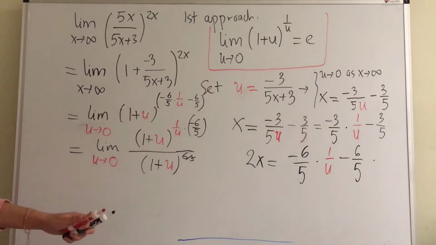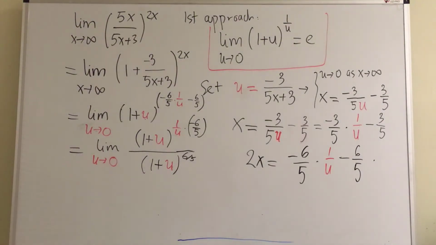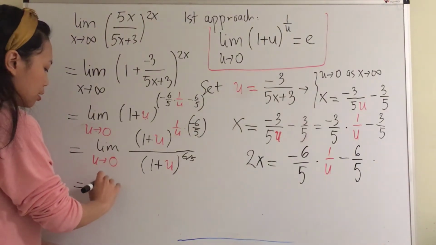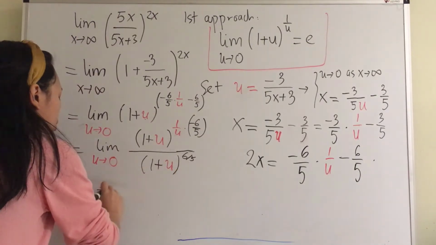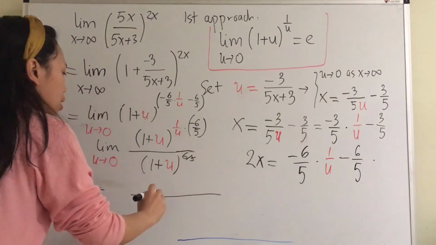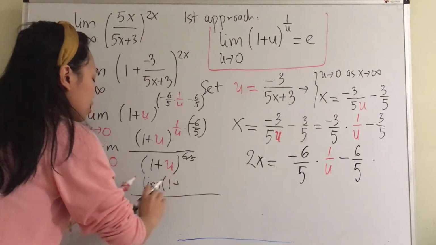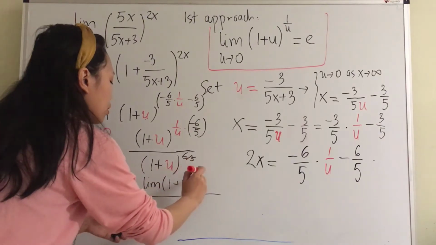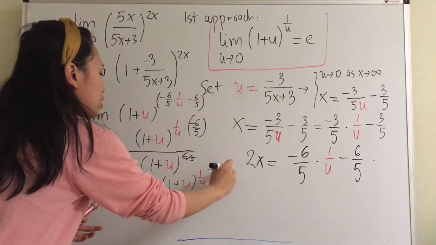We got so far. Now the next step. Can you see it? Let me check to make sure the bar shows everything. All right. The next step. This is the limit. I'm going to use the quotient rule. So this is equal to the limit of 1 plus u raised to the 1 over u, the whole thing raised to the negative 6/5.